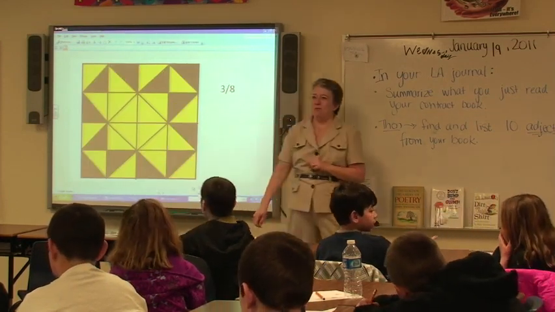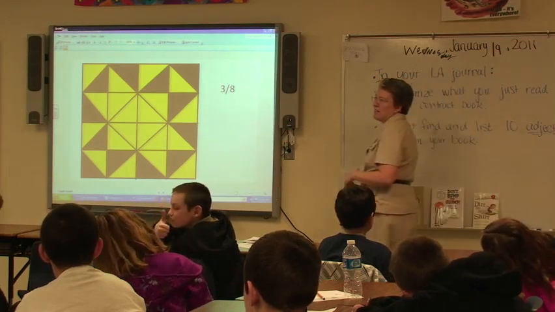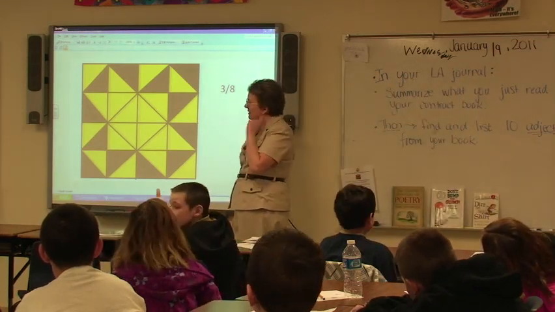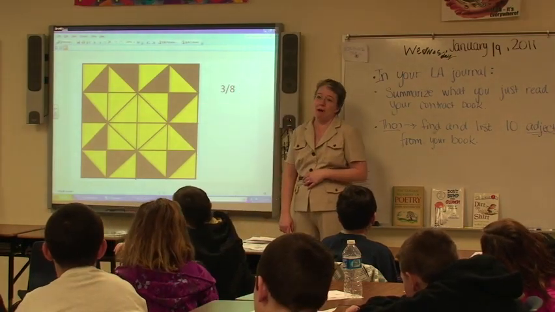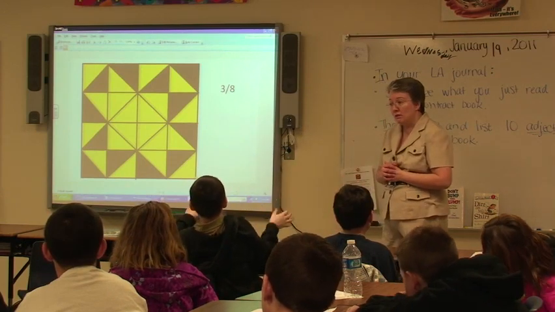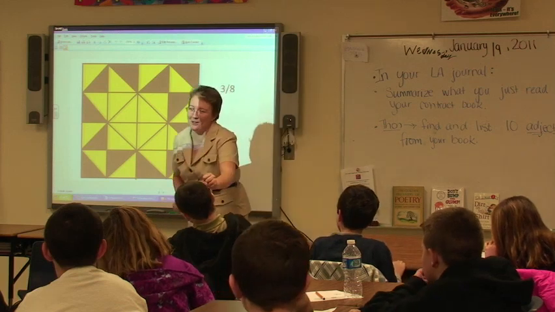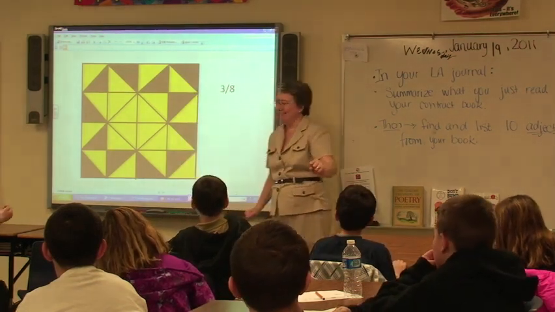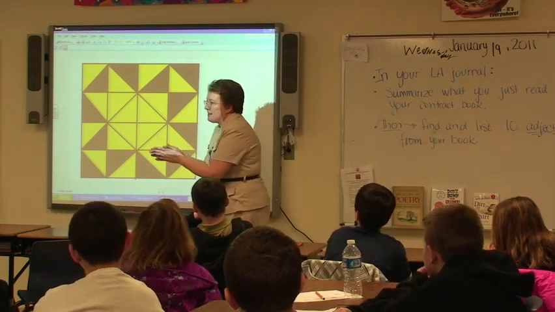Here's an example of 3/8. See, I scattered it out and I made a pattern. Do you notice anything about my patterns? It's making a thingy. You got the right idea. You're almost there. If you flip it over, it's the same way on both sides. Symmetrical.